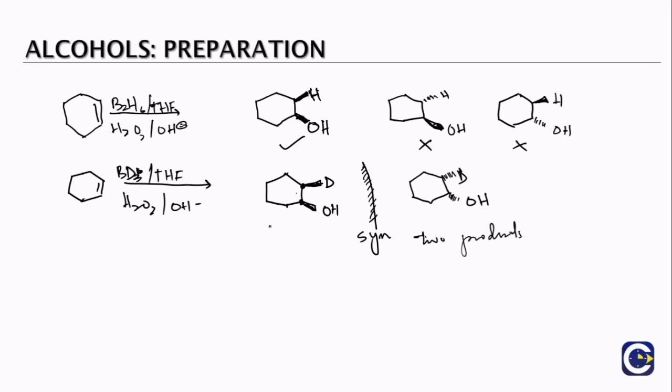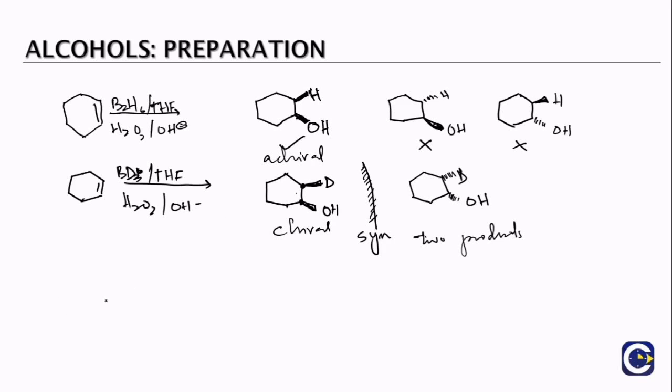So sometimes we can get the question, predict the number of products that can be produced in this reaction. So we have to look for any chirality. Here this molecule is chiral, this is chiral, and this is achiral. Okay, so we have to look for the chirality. If there exists a chirality, then we have two products for the hydroboration oxidation reaction.